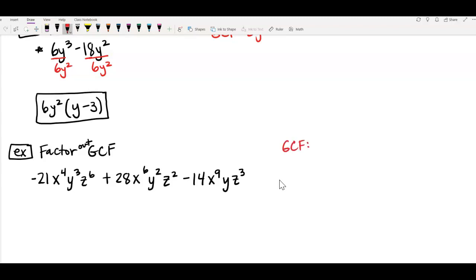And just wait a second to hit enter. Have everybody try. So what do you think the GCF is on this one? All right, 3, 2, 1, hit enter.